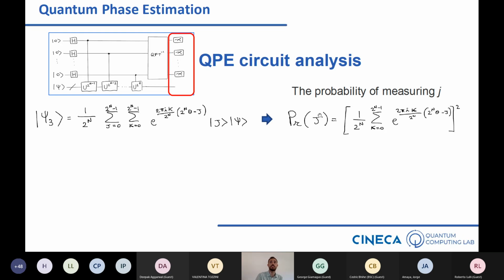So this means the probability of measuring j. As you see, again, the last state psi is discarded and not measured. However, the probability of measuring some output j will be this term here squared.